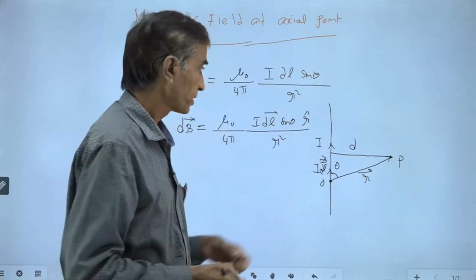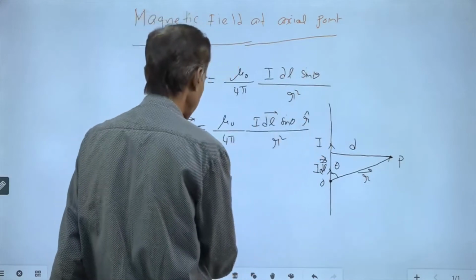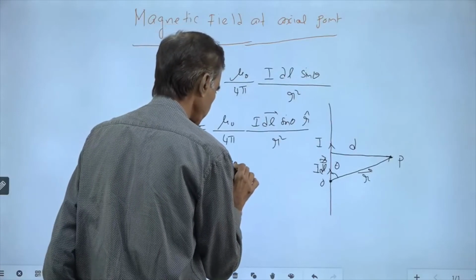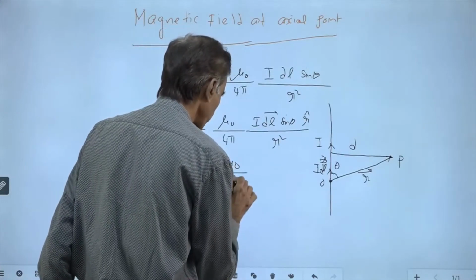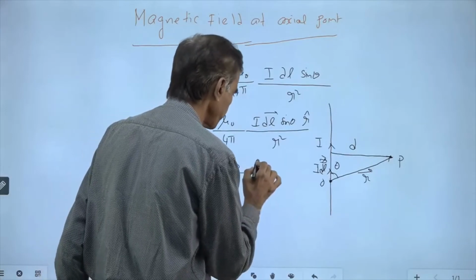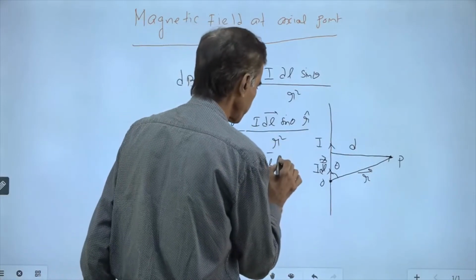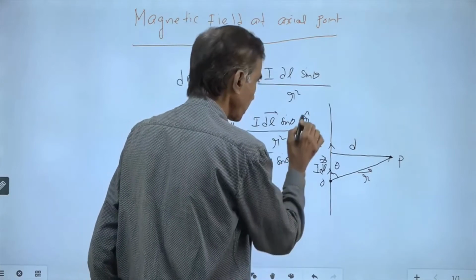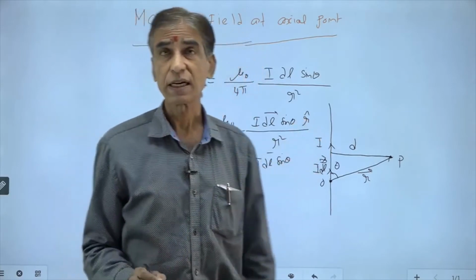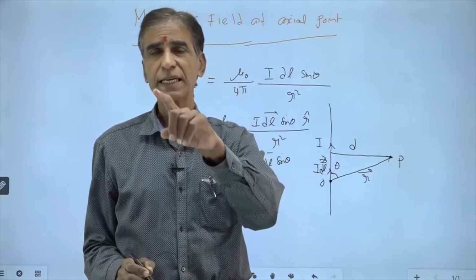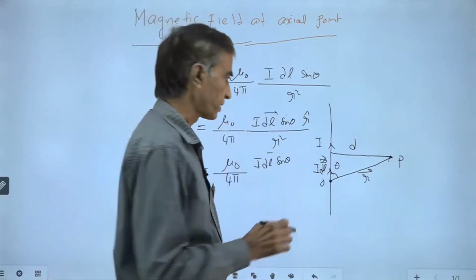So how does it come in vector form now? I can write it like this also, because how do we find the unit vector? Mu naught by 4 pi into I dl sine theta. The R unit vector is the R vector divided by the magnitude of the R vector.